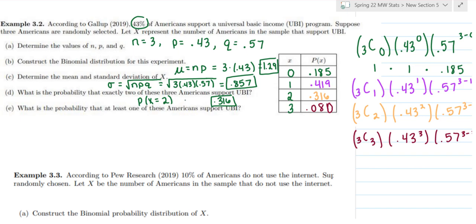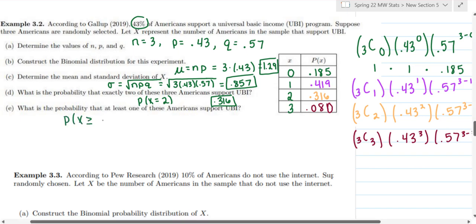So that would be the probability that X is greater than or equal to 1. So you could take that and add these 3 probabilities, or you could just do 1 minus P of 0. So 1 minus 0.185, which would be 0.815.